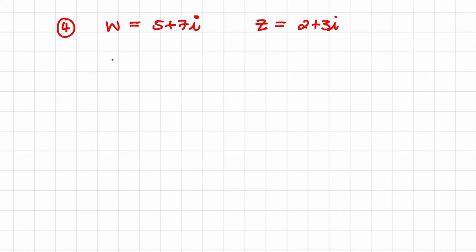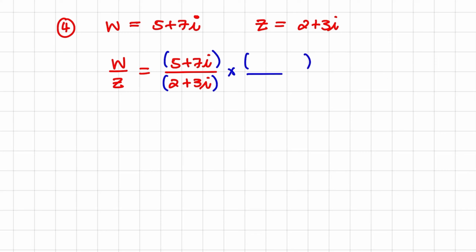So let us say we want to divide W with Z, so that is 5 plus 7i divided by 2 plus 3i. And in order to simplify, I take the conjugate and I multiply both the numerator and denominator by the conjugate of the denominator.